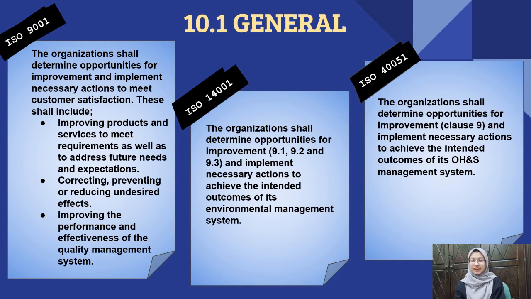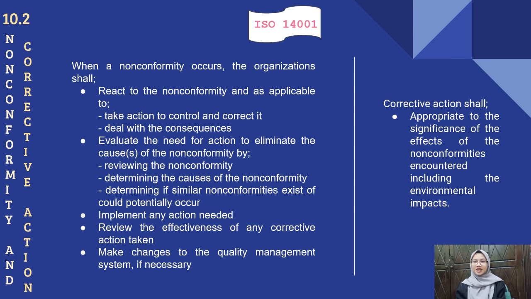Lastly, for ISO 45001, the organization shall determine opportunities for improvement and implement necessary action to achieve the intended outcomes of its OSH management system. Now we will take a look at 10.2 non-conformity and corrective action.